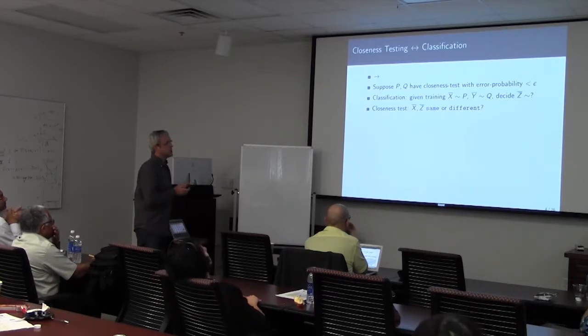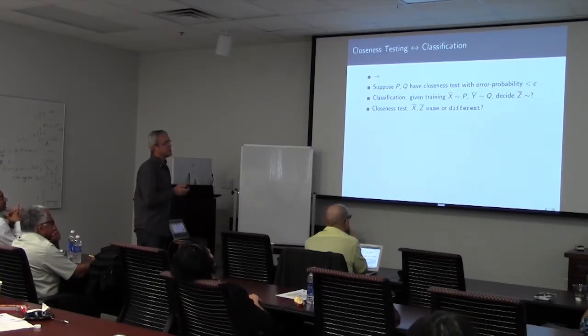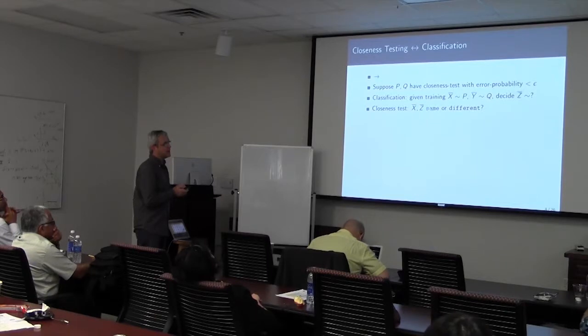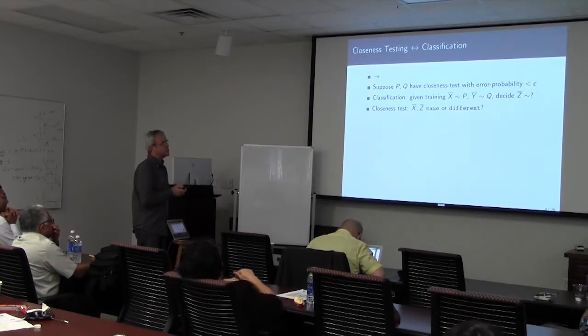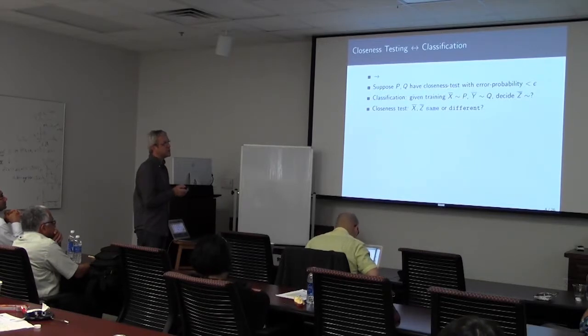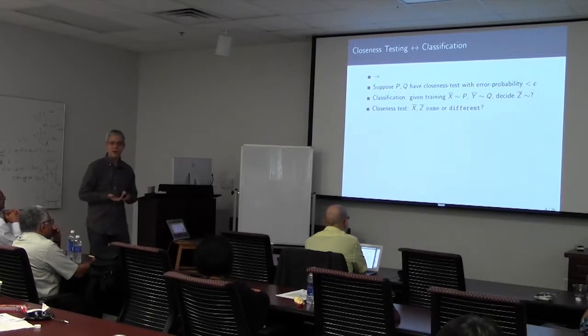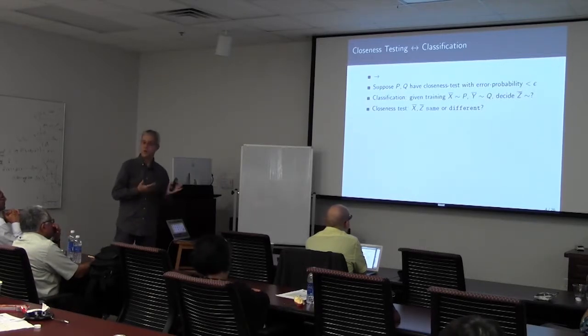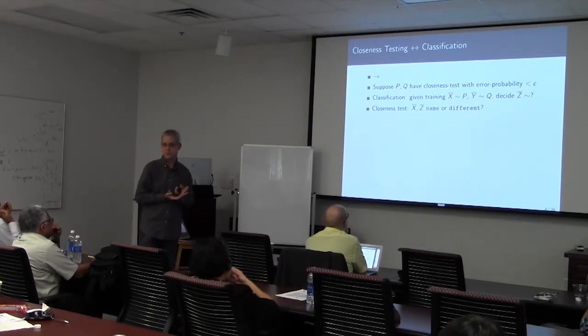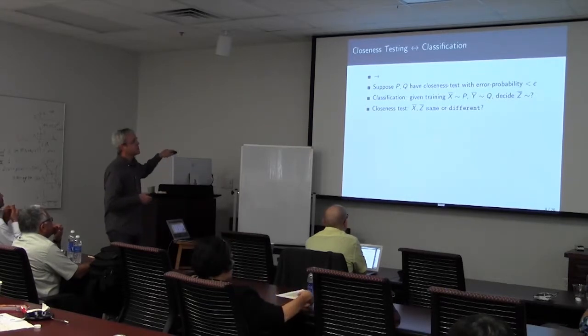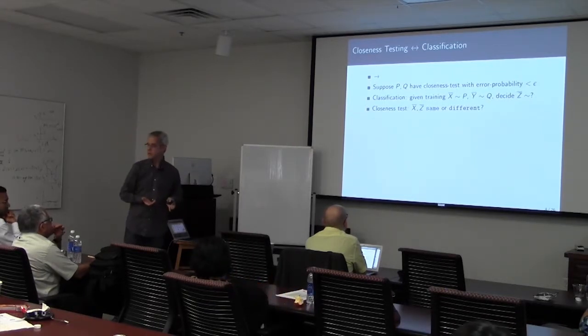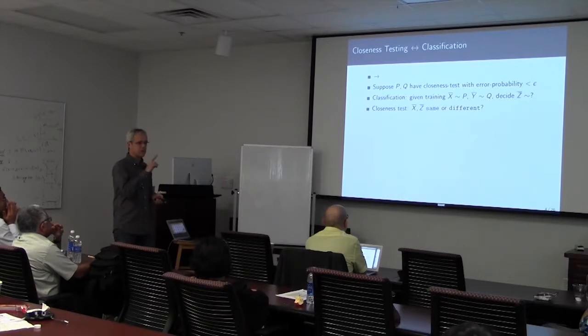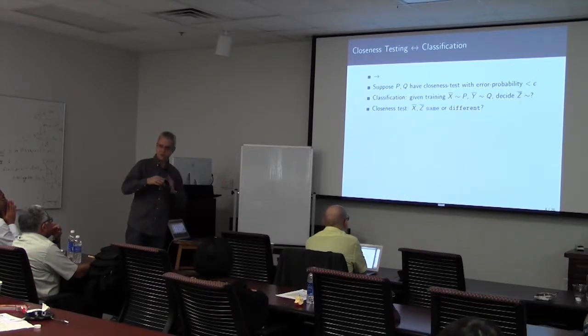We just do a closeness test on X and Z. If the result is that they're generated by the same distribution, then we'll say that Z was generated by P. If the closeness test says they're different, then we know that Z was generated according to Q, same as Y, and therefore our error probability in either case is less than epsilon. So if we can do closeness testing, we can also do classification. And we have the advantage that closeness testing has just two sequences, so it's a lot easier to describe.